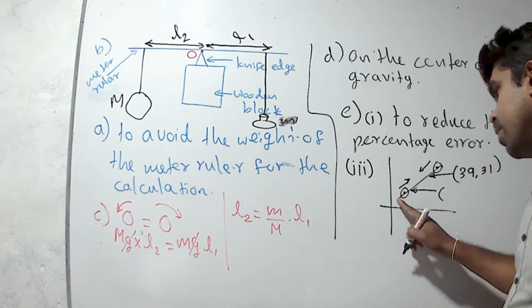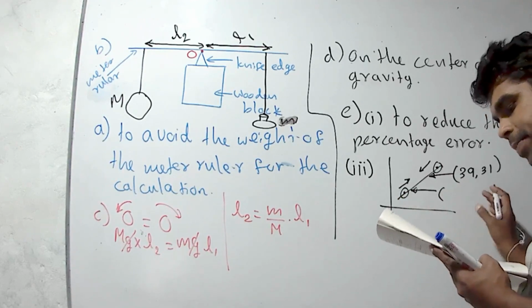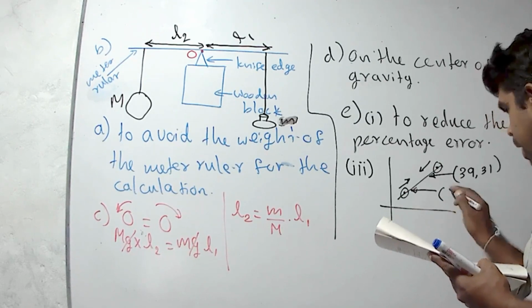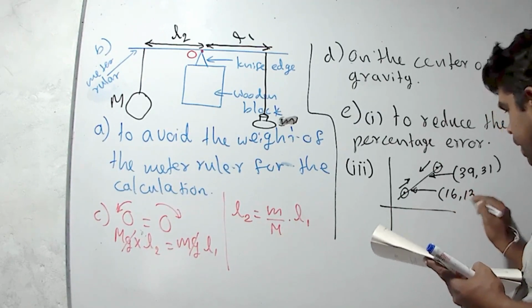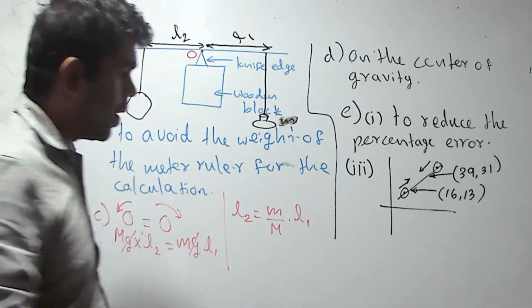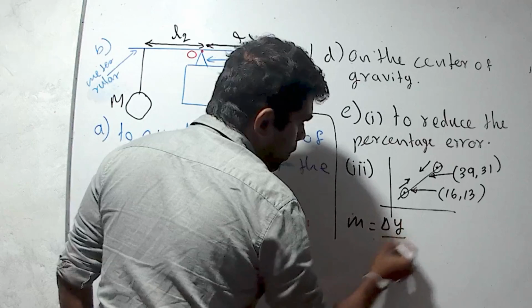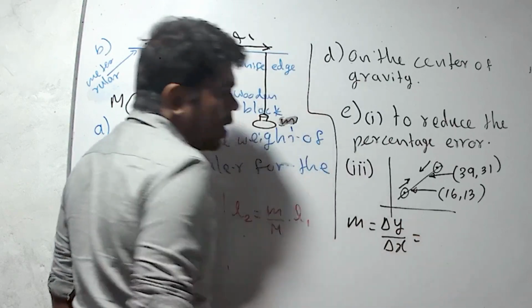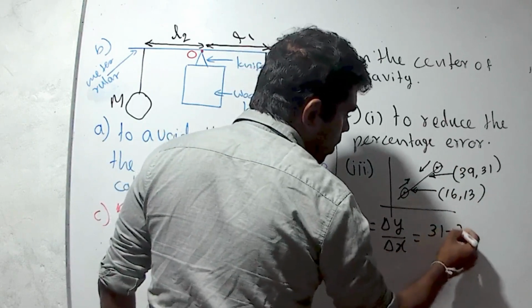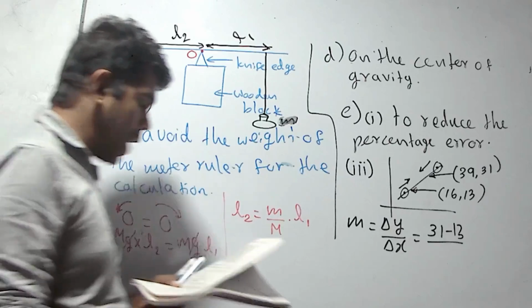Then from this side we can get a suitable point: x value 16, y value 13. Now we have to calculate the gradient. Gradient is the difference of y divided by the difference of x. The difference of y is 31 minus 13. The difference of x is 39 minus 16.